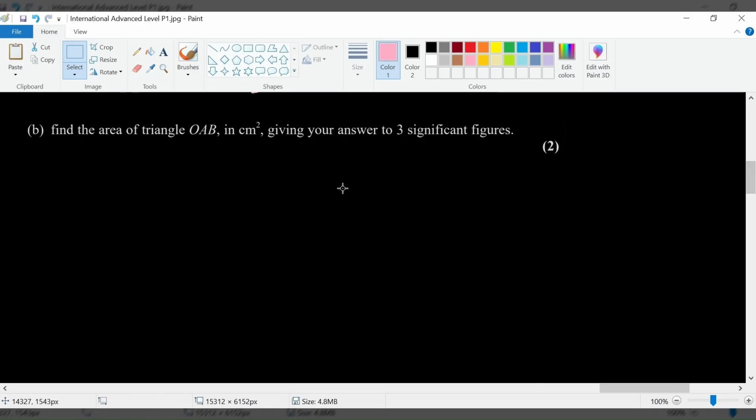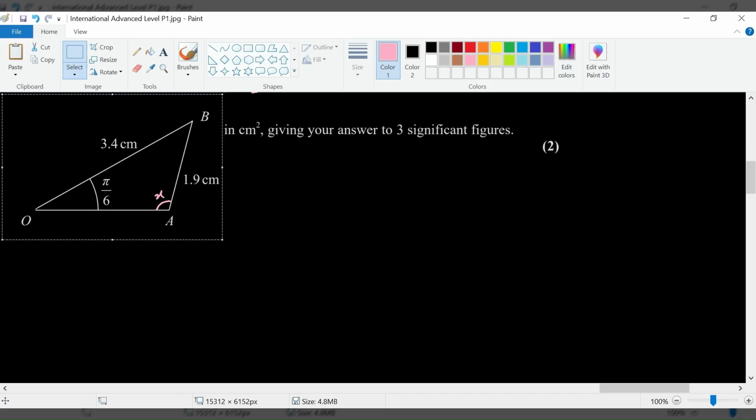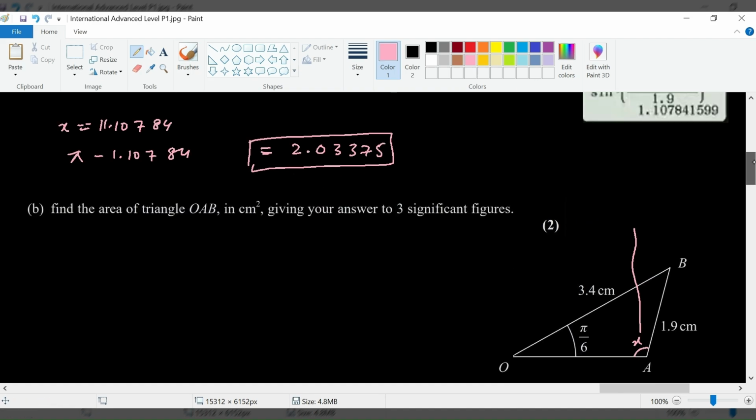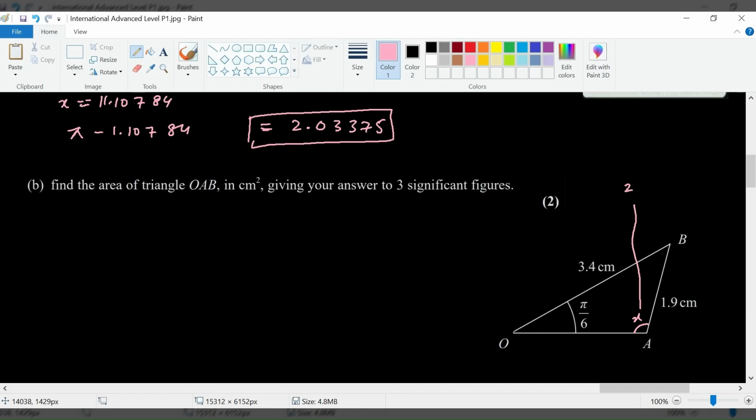Now this has been copied over here, and this value we have got, I should change this angle is equal to 2.03375. This is the reading of angle OAB.